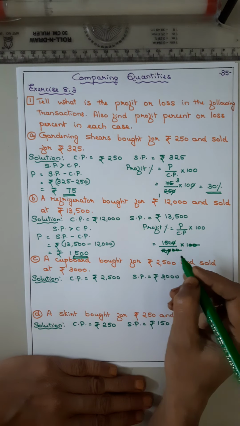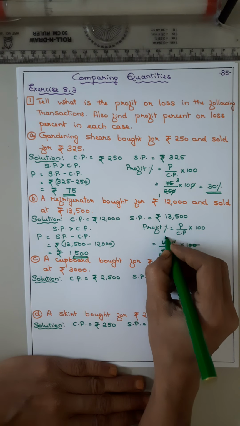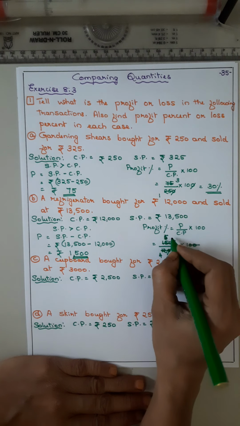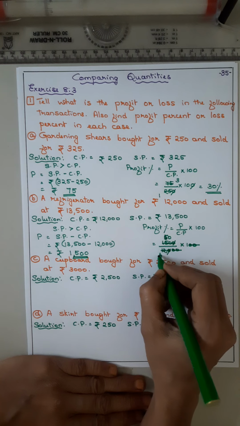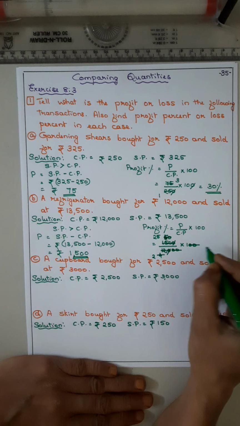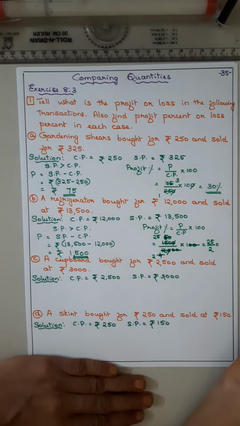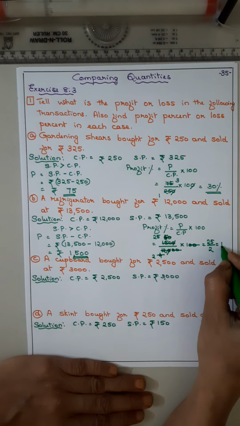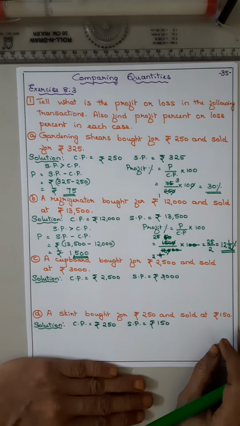So 3 4s are 12, 3 5s are 15 and 0. Now 50 and 4 will go in the table of 2. 2 25s are 50. So you got 25 by 2. 2 1s are 2, 2 2s are 4, one is left. 1/2%. So 12.5%.